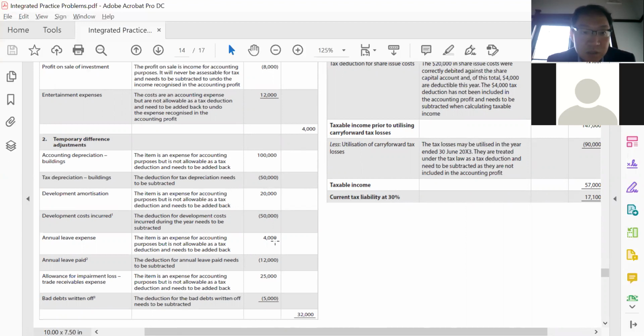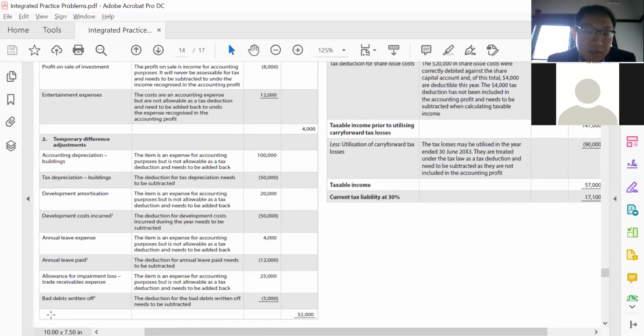However, from a tax perspective, it's going to be the bad debts that have actually been written off that is ultimately allowed as the deduction. So in the same mechanism as what we did for the annual leave, we would look at where the impairment loss is found. Okay, that's the expense, very simple.